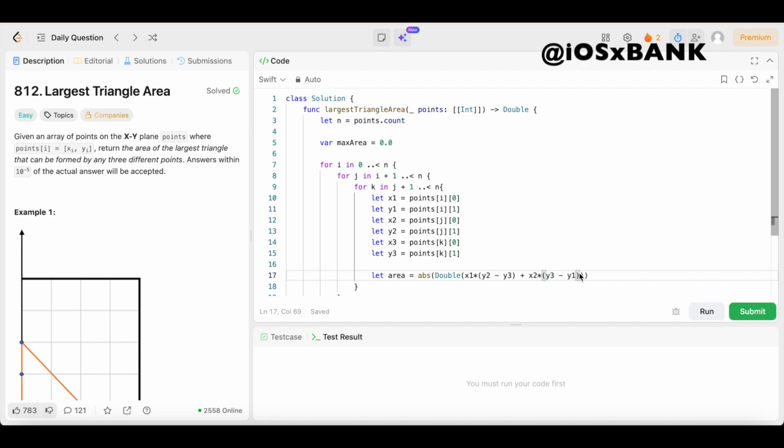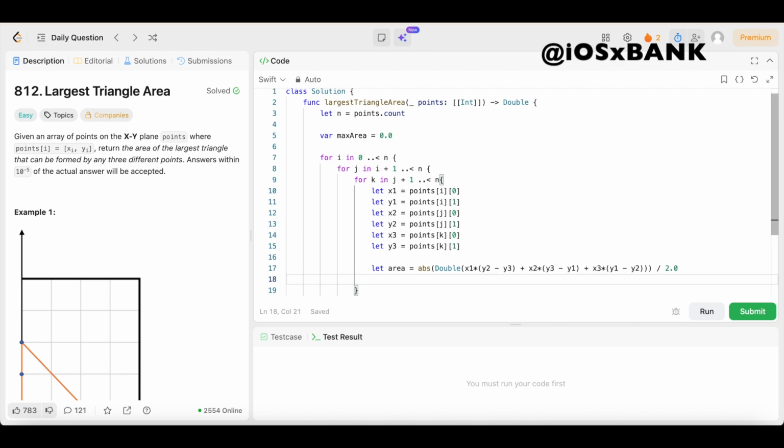Then we'll come outside of this parentheses and say plus x3 times, open up the parentheses, and we're going to say y1 minus y2. Then we come outside all of these parentheses and divide it by 2.0. Then we need to update the maximum area if this triangle is larger.